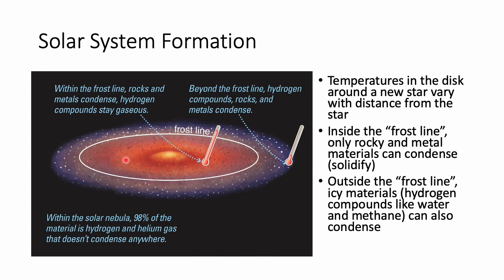And so the closer you get to the midplane and the closer you get to the star, the hotter it gets, especially very early on when this is very opaque and causing a lot of heating to occur. And so we get a lot of refractory type minerals that will form here first.